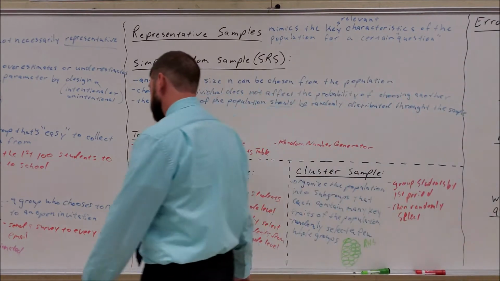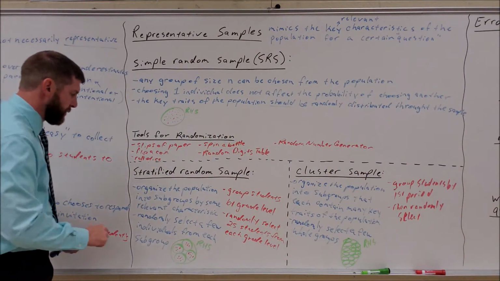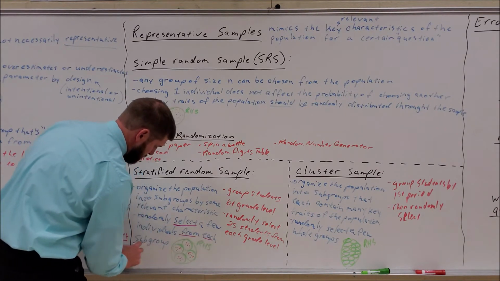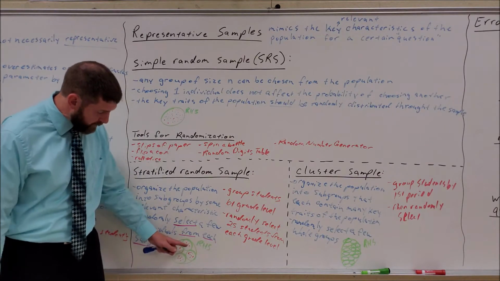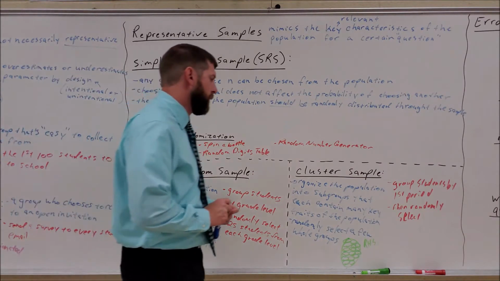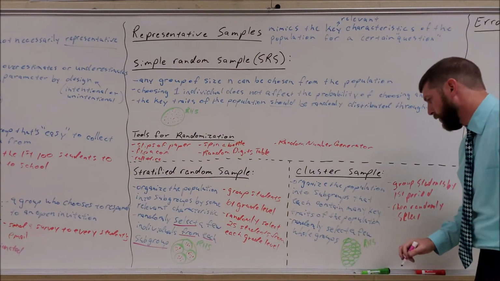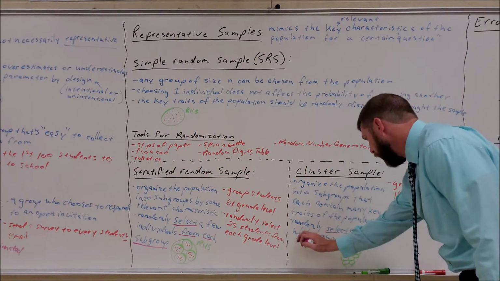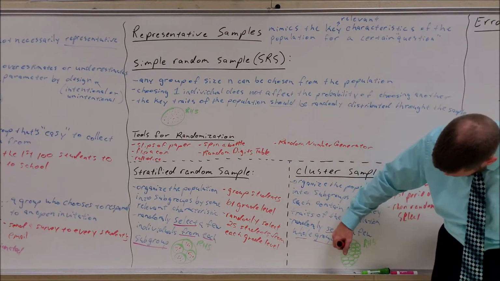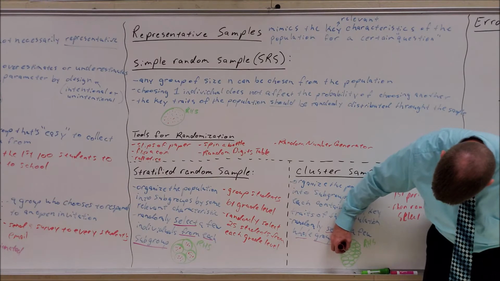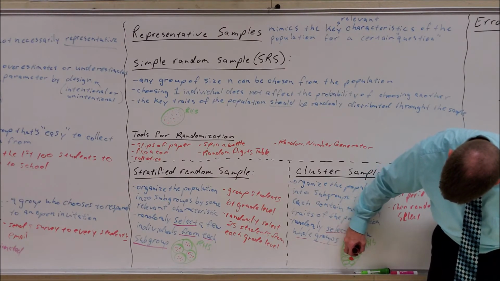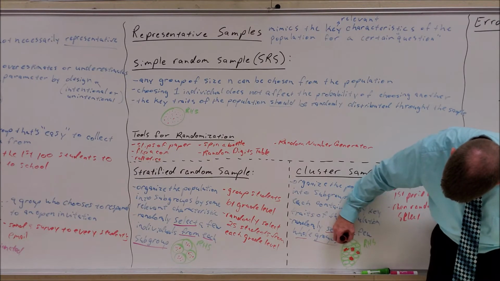When we do a stratified random sample, we want to select from each subgroup. I grab 25 people from this group, 25 from there, 25 from there, 25 from there. All right. When we do a cluster sample, we want to select whole subgroups. So I'm not just talking to a few people in this classroom, I'm talking to everybody in that one, and everybody in that one, and everybody in that one. So I'm looking at whole subgroups.